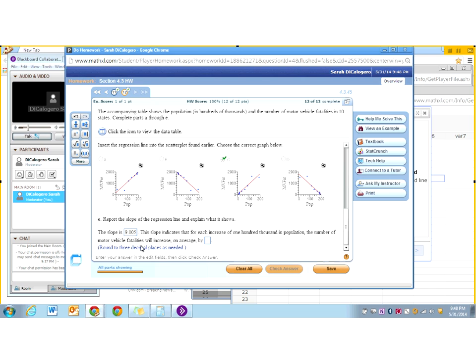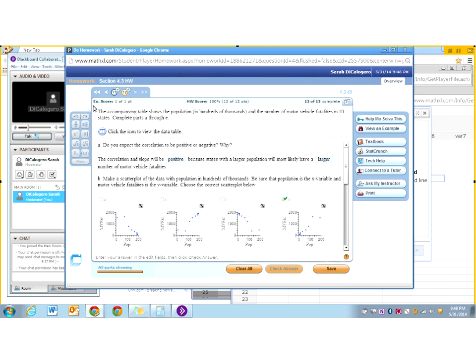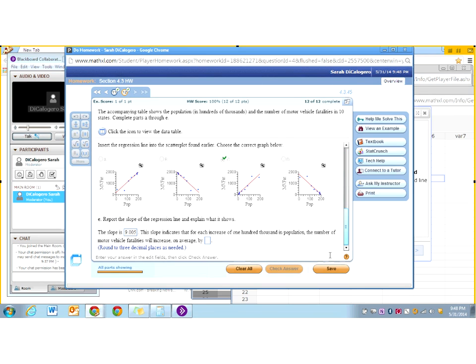And that indicates that when we increase the population by 100,000, because the X variable is in hundreds of thousands, when we increase the population by 1 in terms of our regression line, which is really 100,000, we'll increase our motor vehicle fatalities by the slope, which is 9.005.